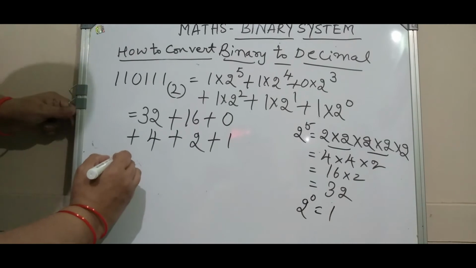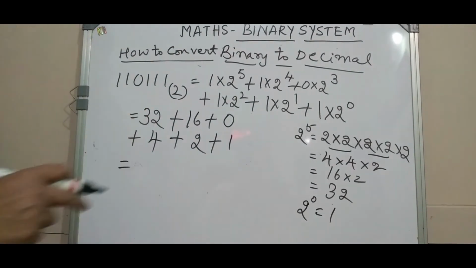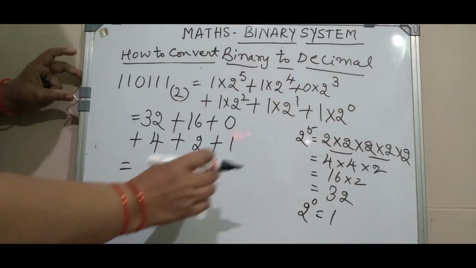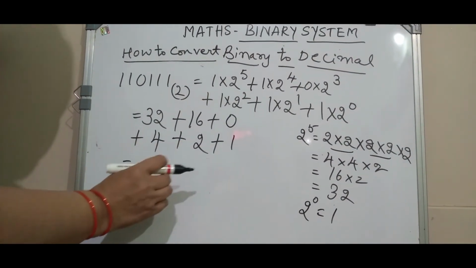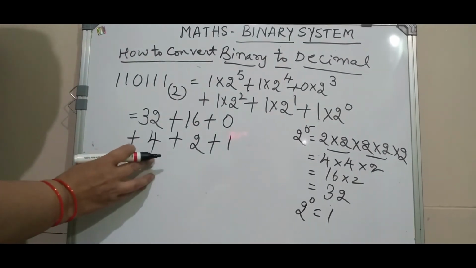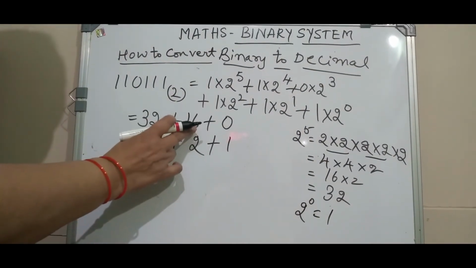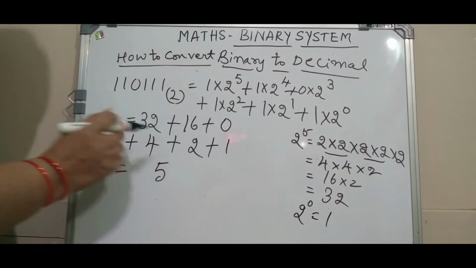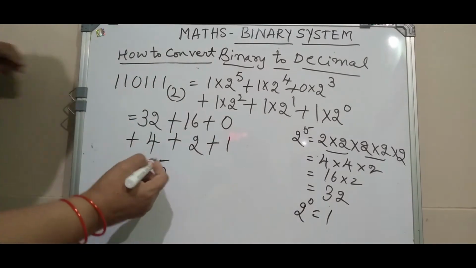Now let me simplify this again. 32 plus 16 plus 4 plus 2 plus 1. See, you can go on adding orally also. 1 plus 2, 3, plus 4, 7. 7 plus 16, 23, plus 32 will be 55.